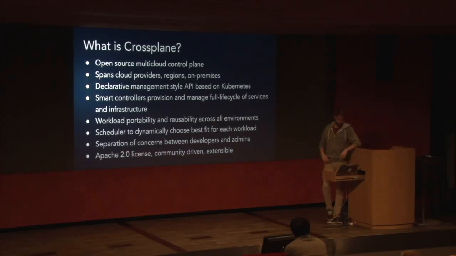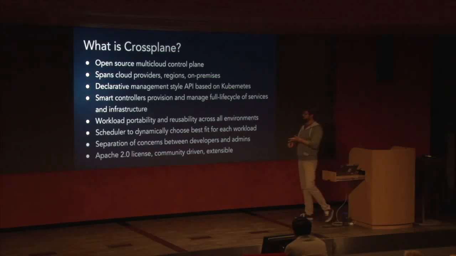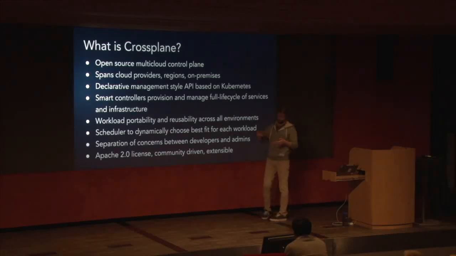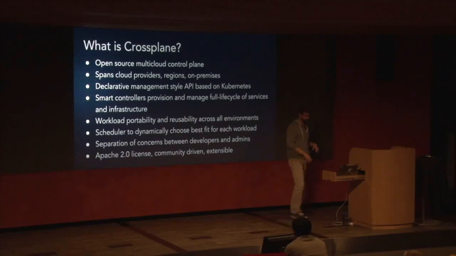It doesn't even need to be clusters. So we can start thinking about how we run our applications across cloud providers, across different regions, across on-premises environments. How can we start making our applications run in all those places in a portable way?